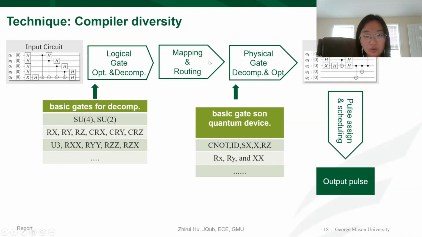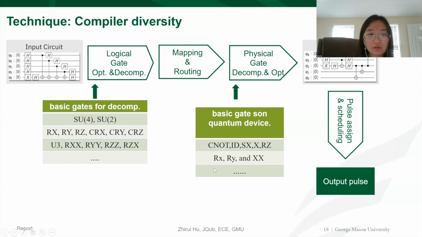So we need to do some routing. We need to use some swap gates to let the whole logical circuit be executed on the real quantum device.